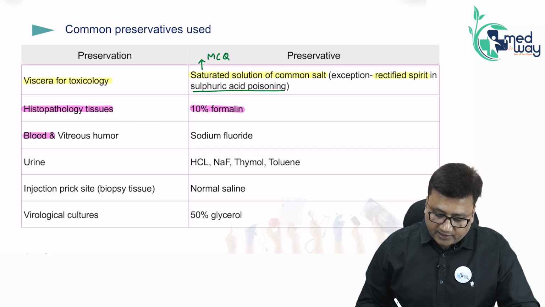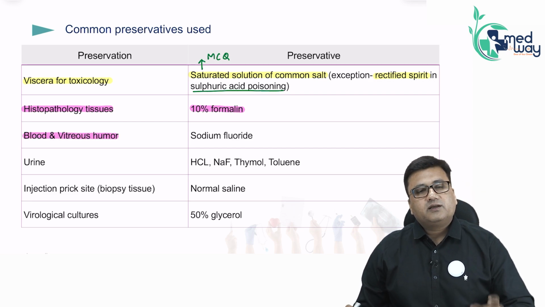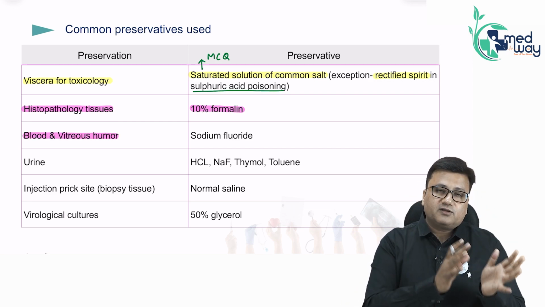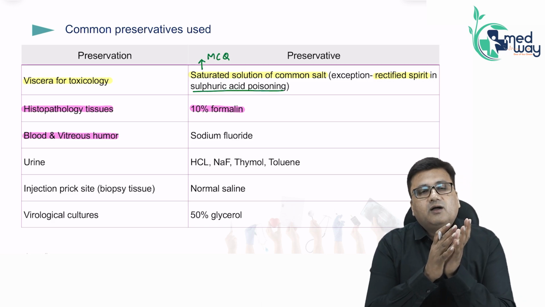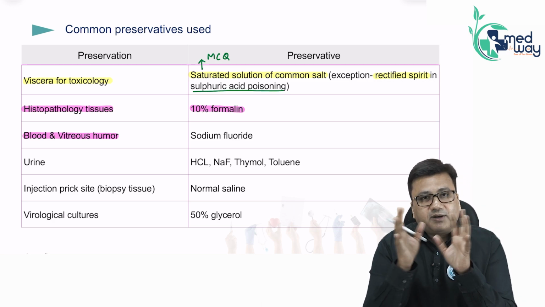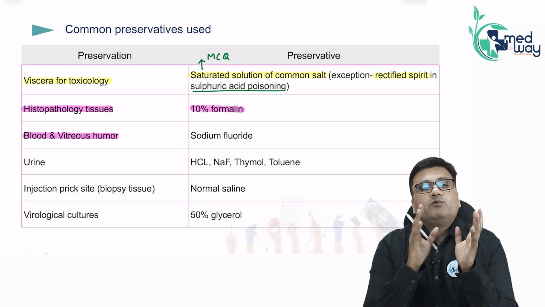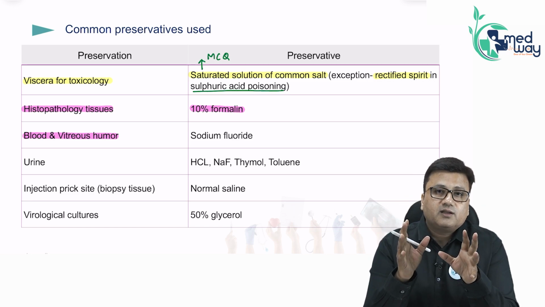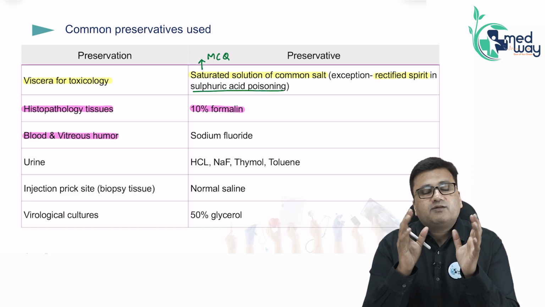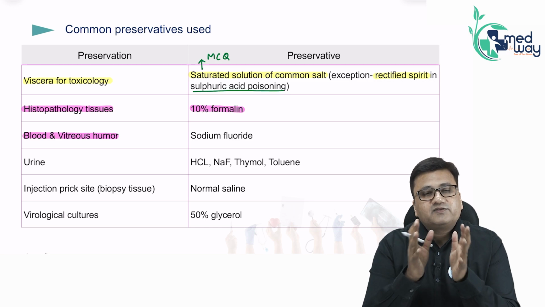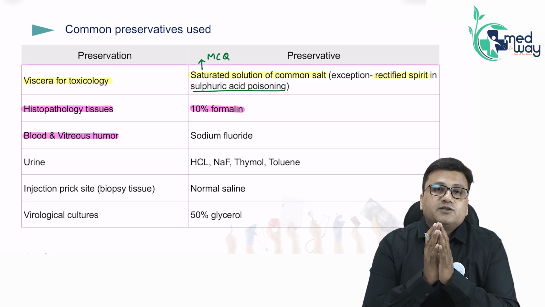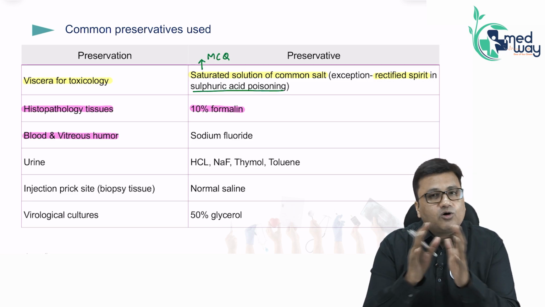In cases of blood and vitreous humor, the blood which is preserved along with the viscera, right, or even if the blood is preserved separately along with vitreous humor, because vitreous humor just like blood is a very effective sample for estimation of alcohol in the body.